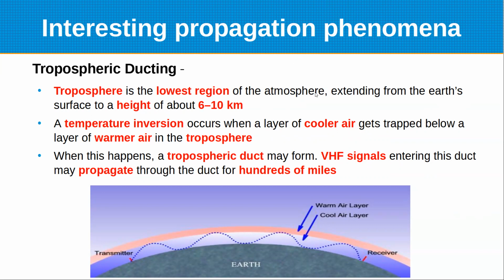I don't have any idea what the relative distances are that you can get. Have you ever done tropospheric ducting? Never did. Well, you might have and didn't know it. I could have.